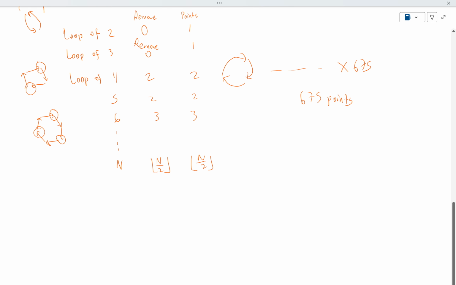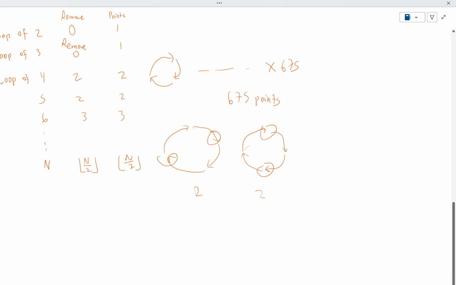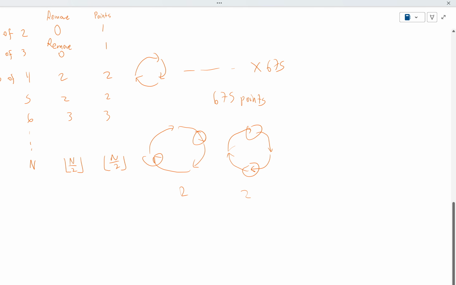And if they make groups of 4, say they make 2 groups of 4, then Veronica can remove 2 people, and Veronica can remove another 2 people to get 4 points, in addition to the groups that are no more than 3, right?